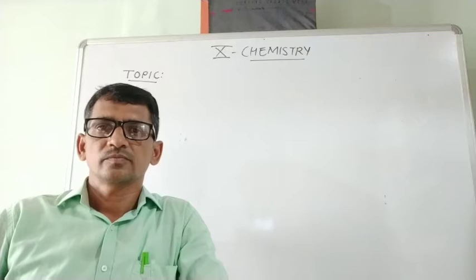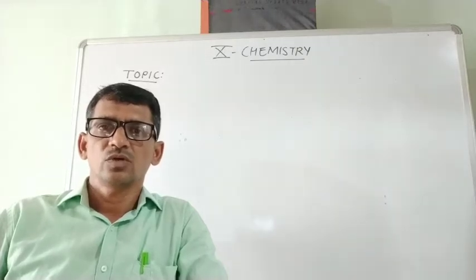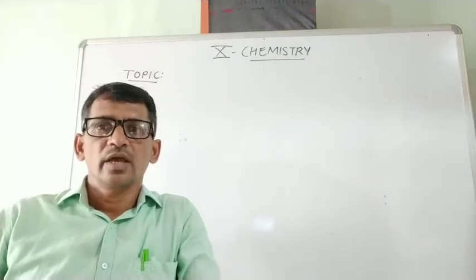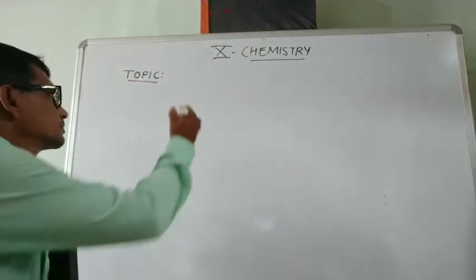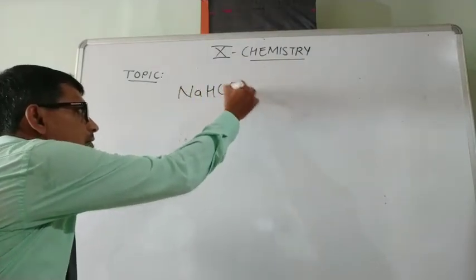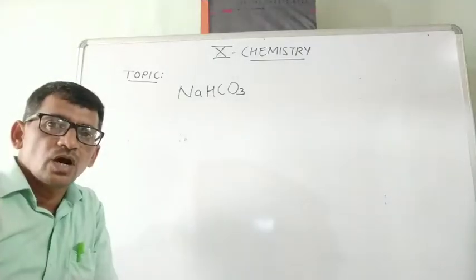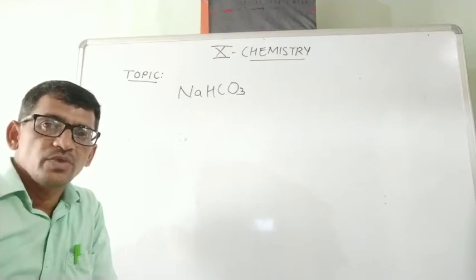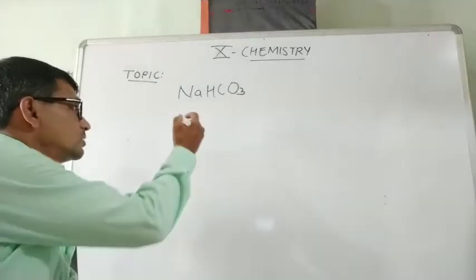First one is NaHCO3, baking soda. I am writing the formula on the board, NaHCO3. NaHCO3 is sodium hydrogen carbonate, also known as baking soda.